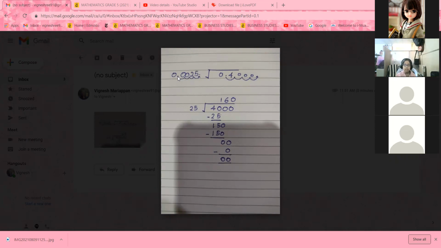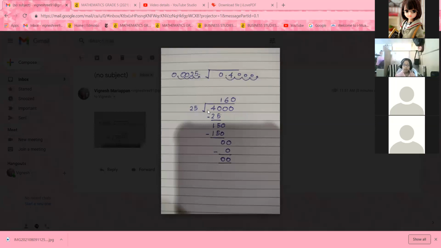So you can move 4 places to your right until you get the normal number. 0.0025, I move 1, 2, 3, 4 places, so it becomes 25. Now 0.4, if you are moving 4 decimal places here, here also you need to move 4 decimal places. So I'm moving 1, 2, 3, 4. It becomes 4,000. Now the 4,000 can divide the normal 25, right?